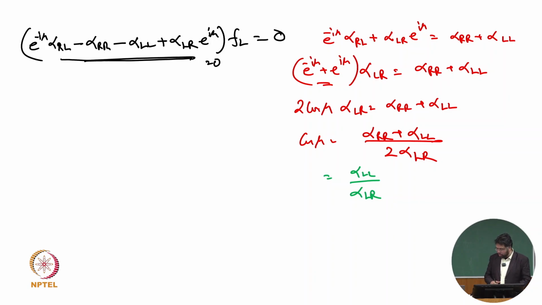So this will automatically happen if the matrices are symmetric. So we can get cos mu equal to this thing. Okay, so any doubt on that?